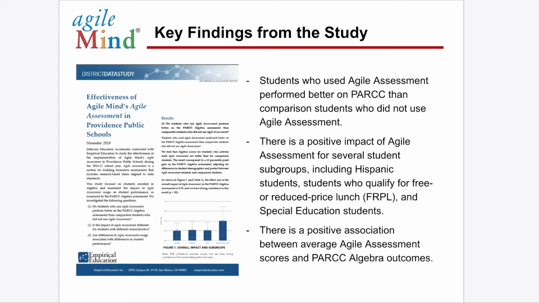In other words, students who used Agile assessment performed better on the Park Algebra assessment than the comparison students. In addition, the average Agile assessment score was found to have a positive association with student outcomes on the Park assessment.